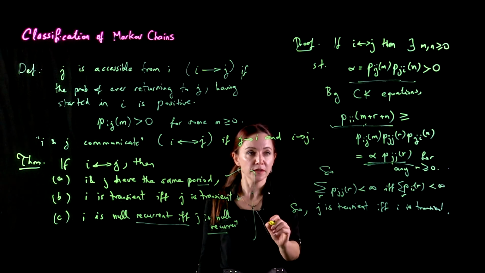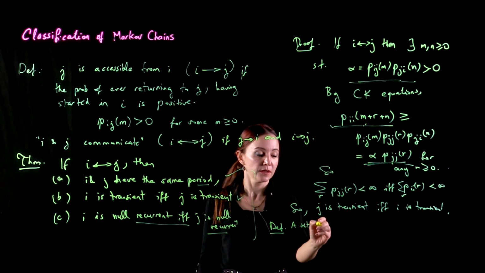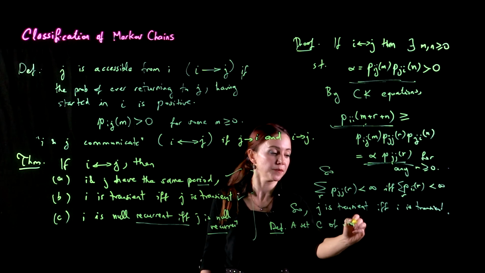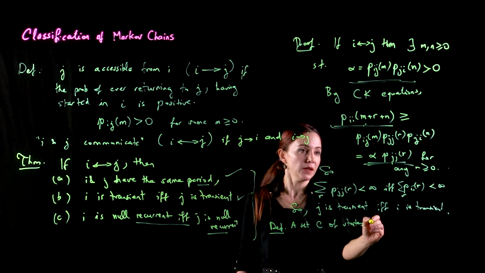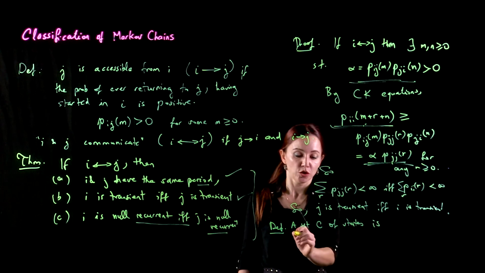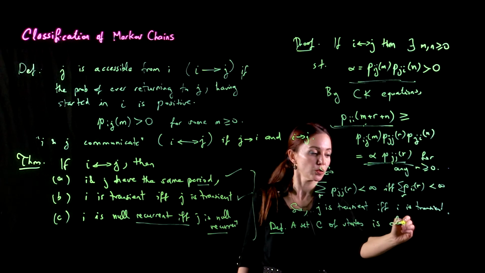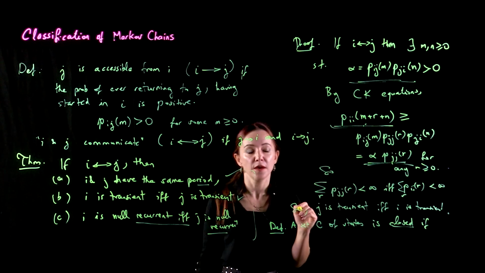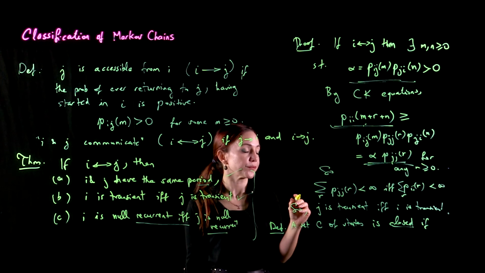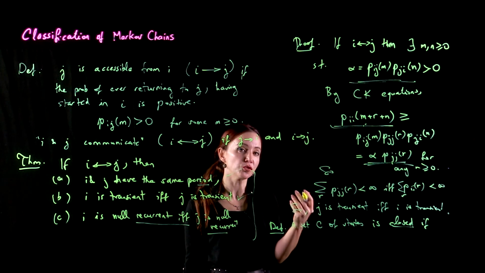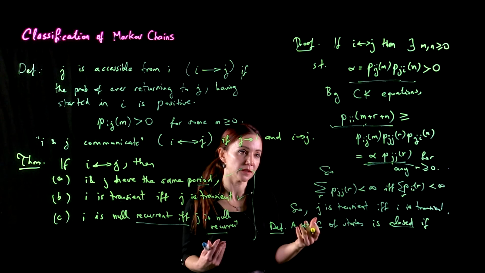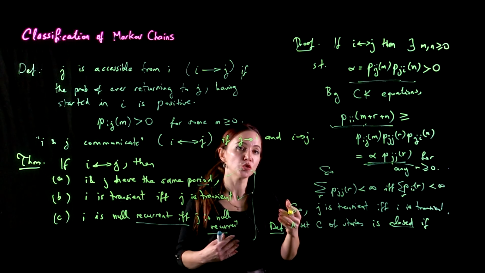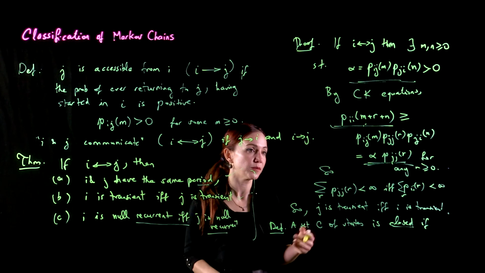I will define a set C of states to be closed if basically all the transitions out of each state in this set go to one of the states in the set.